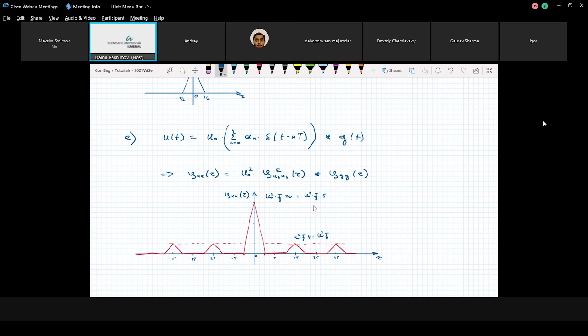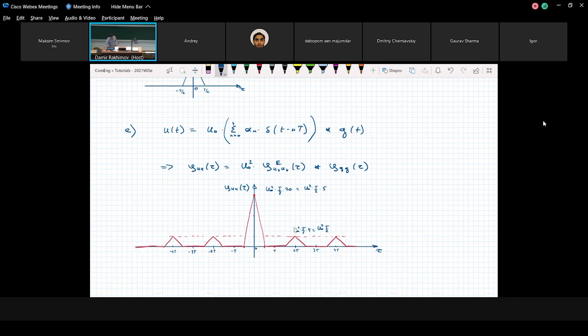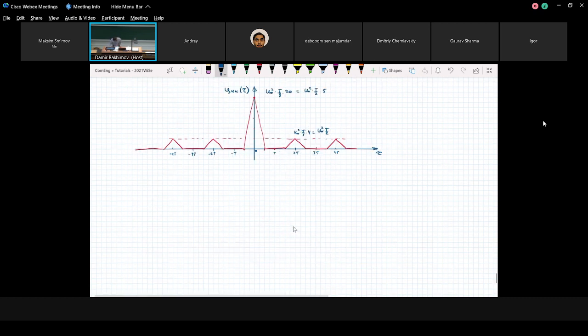Okay, any questions? Was fine, not so difficult. And we go to the next task. The next task will be task number 3.6. And for this task, we need to determine the autocorrelation and corresponding power spectral density of the following signal.